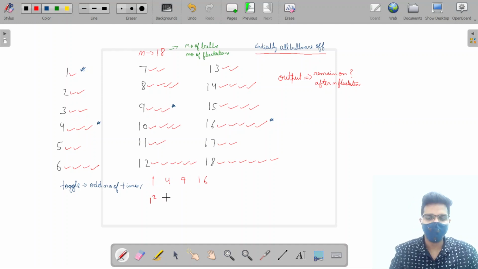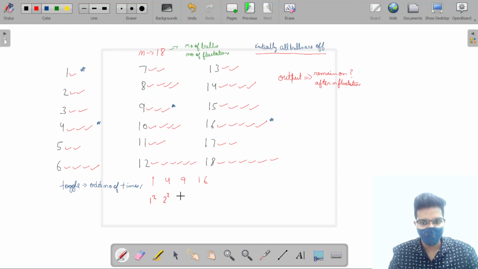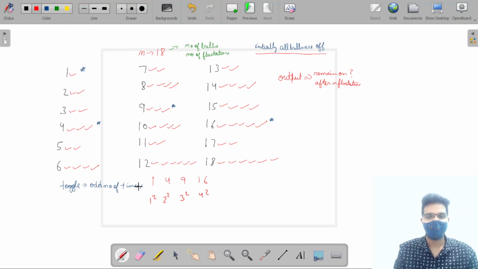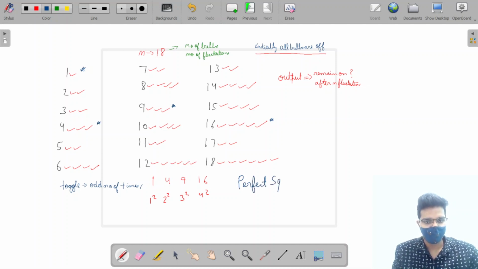And 4 is a square of 2, 9 is a square of 3, and 16 is a square of 4. So all the answers that we got are perfect squares. So that means what we are required to do is to calculate perfect squares. Simple. But now you must be wondering, why is that?